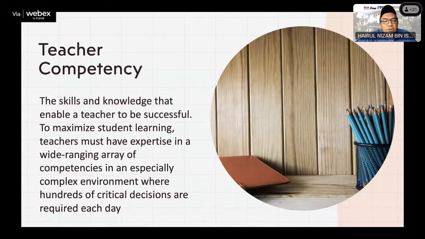It is becoming more challenging for teachers nowadays, so this is what we want to prepare our students for in the School of Education, in any institution, so that our graduates can possess this kind of competency.